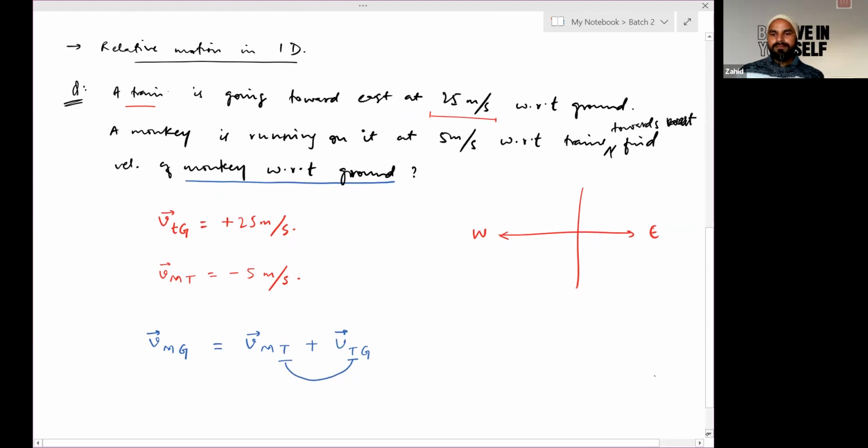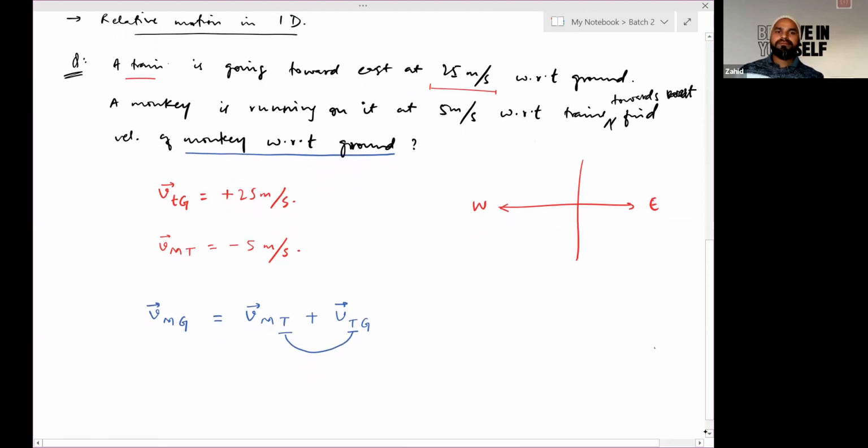Good, Samaira. Just put the value of each term and simplify it. We have velocity of monkey with respect to train as -5 and velocity of train with respect to ground as plus 25. Just put them and simplify it.